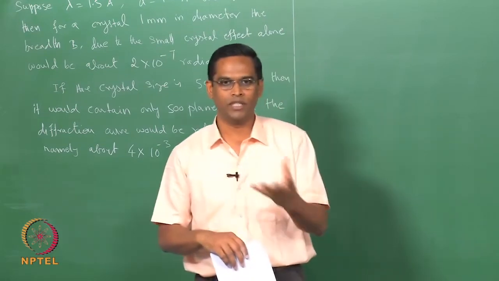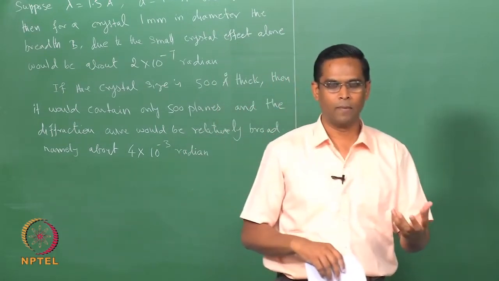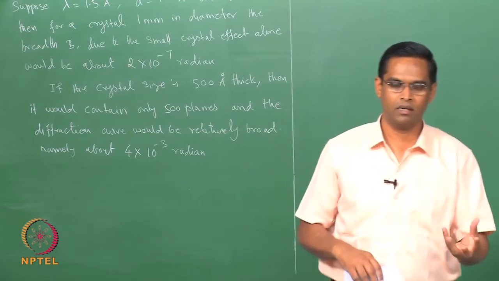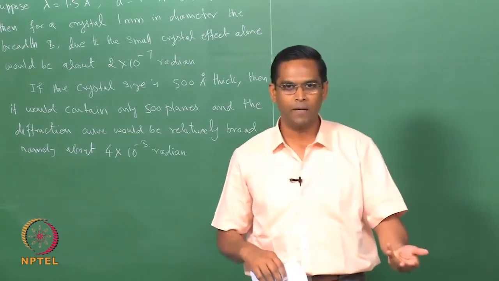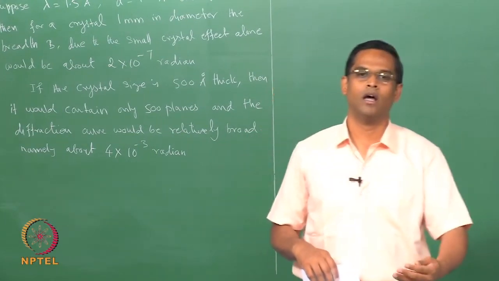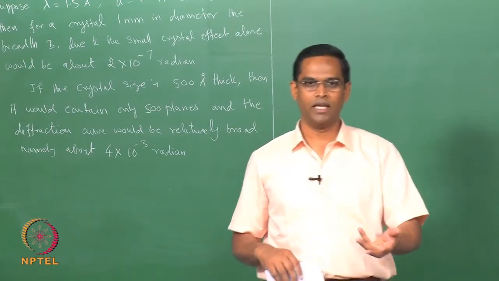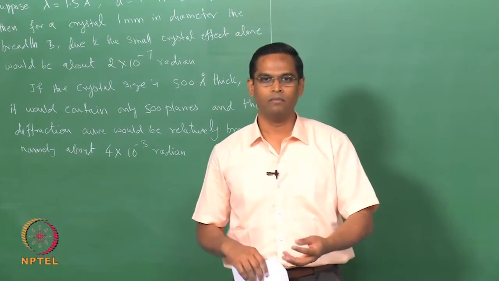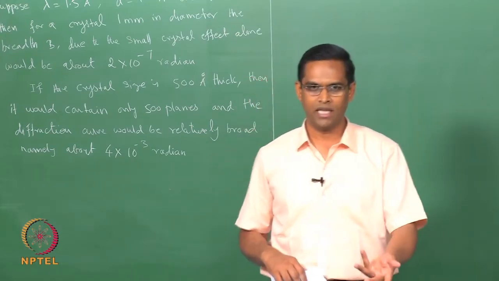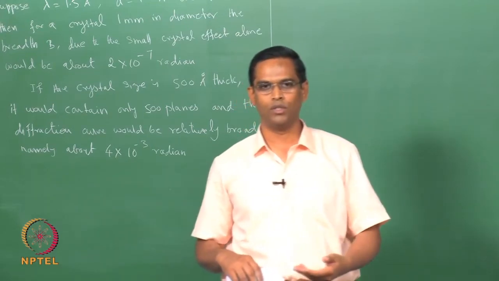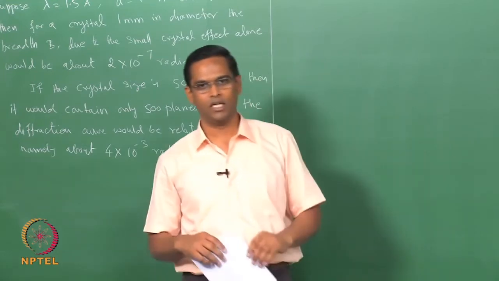So, suppose a grain or a single crystal in a polycrystalline material diffracts with theta B. If the neighboring grain is oriented, for example, by theta 1, then the diffraction is going to be from theta B plus theta 1. That effect we are going to consider, similar to what we have seen before.